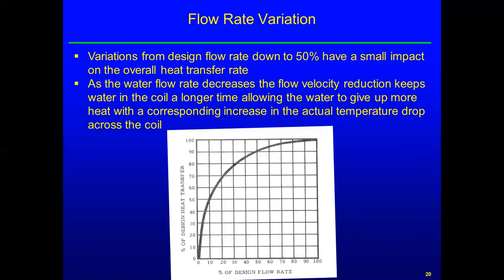What that's saying is that with the extra residence time in the coil, the water gives up additional heat, and the delta T then expands, and we get not that great a reduction in capacity for that first 10, 15, 20% reduction in flow. So interesting.